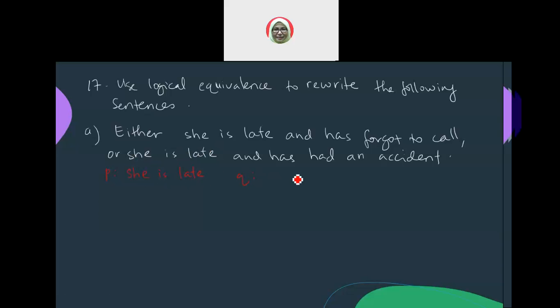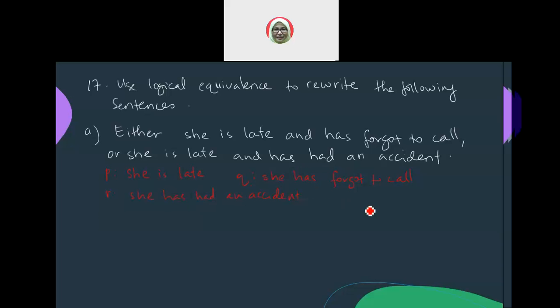Q: she has forgot to call. And R: she has had an accident. So there are 3 primitive statements.